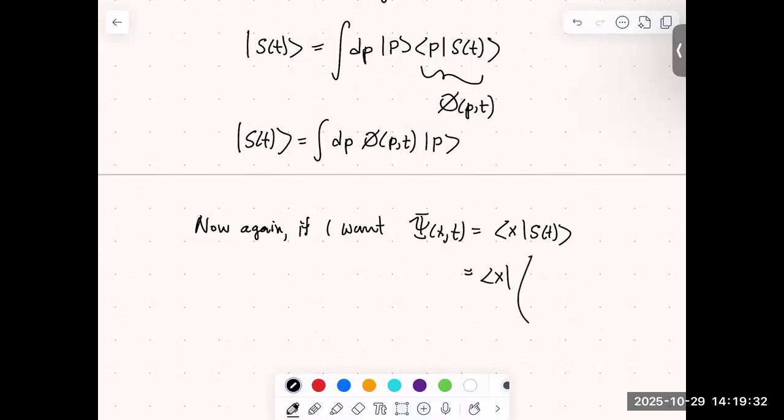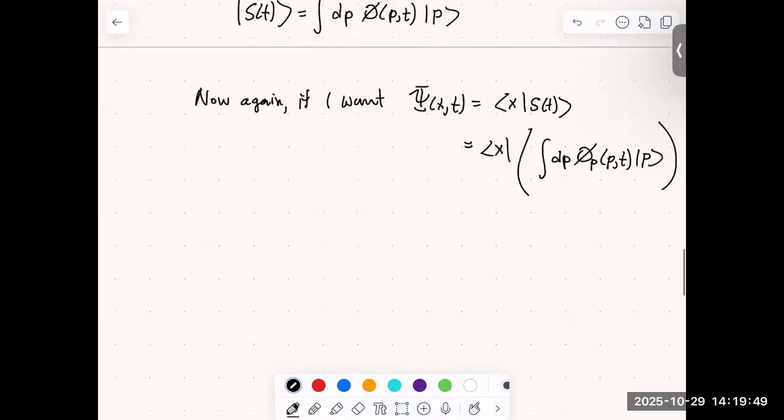It'll be this integral of dp, the momentum wave function, and then we have our eigenstate. And so we bring the x inside, and it's going to act on this p. So we have the integral dp phi of p, t, and then we have x inner product with the momentum eigenstates.